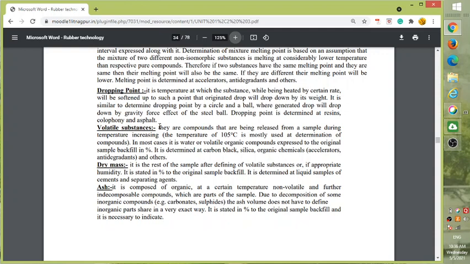It is determined for carbon black, silica, organic chemicals, accelerators, and others. So volatile substances are the ones that, when you increase the temperature, are liberated into the atmosphere in the form of gases. So they are volatile.